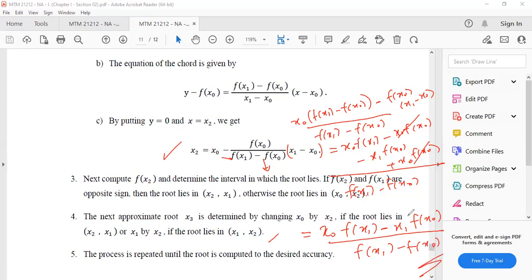Is that correct, my equation? Can you tell me? Let's talk together. Is my derivation correct or wrong? Okay, ma'am.